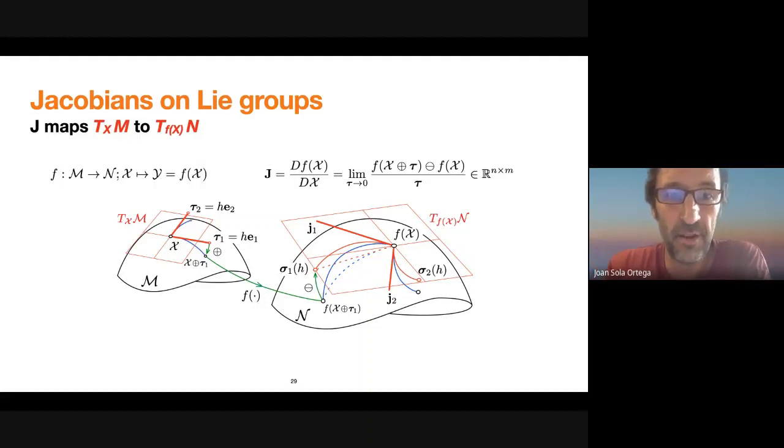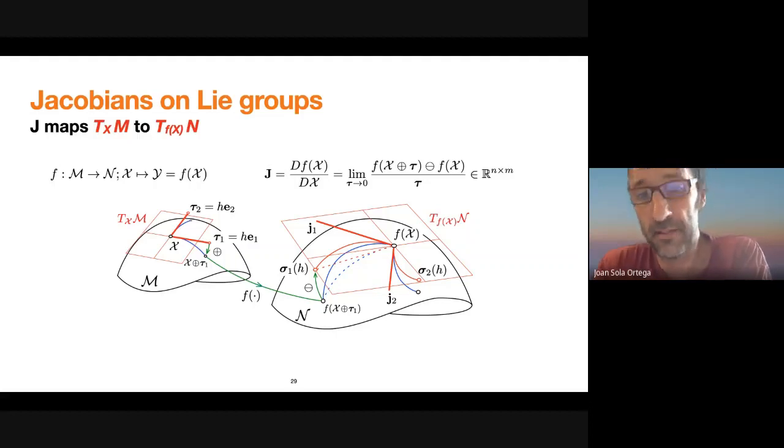In green, you go to the manifold with the exponential and with the plus. And then you apply F, you go to the right manifold with the green arrow, and that's F of the perturbated matrix. And then you apply the minus operator, and you get the difference in the arrival space.